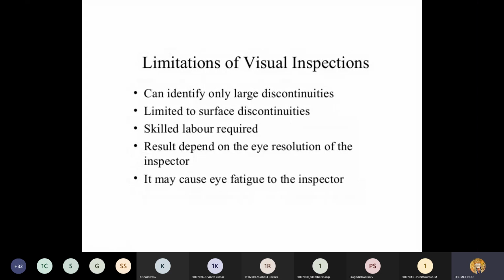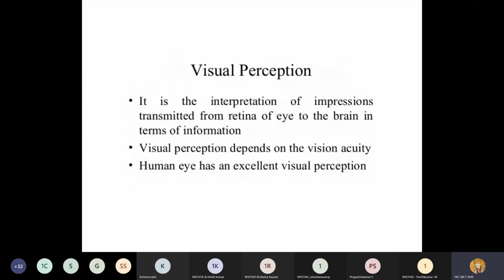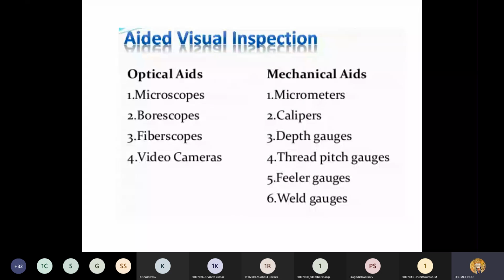Then what we saw next. Look at this slide, you will understand more elaborately. There are two types of aids: one is optical aid of visual inspection, another is mechanical aid of visual inspection. So what is the difference between these tools, optical aids and mechanical aids? Optical means using lenses.